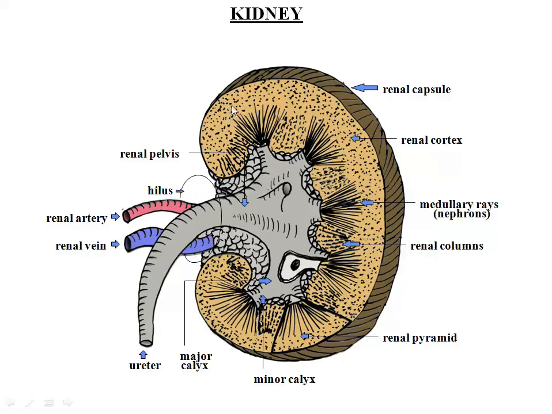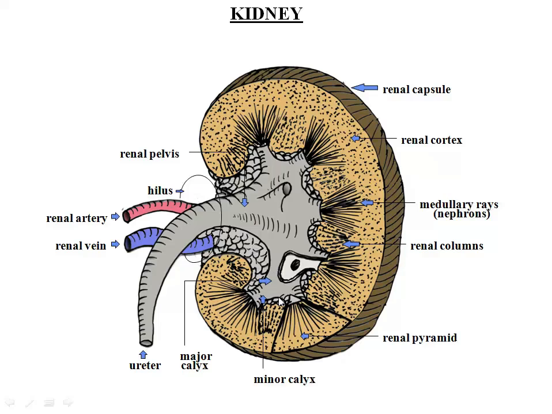And on the peripheral side where there are no striations and these dots are shown here, that is the renal cortex portion. So what is this central portion called? It is called the calyx.